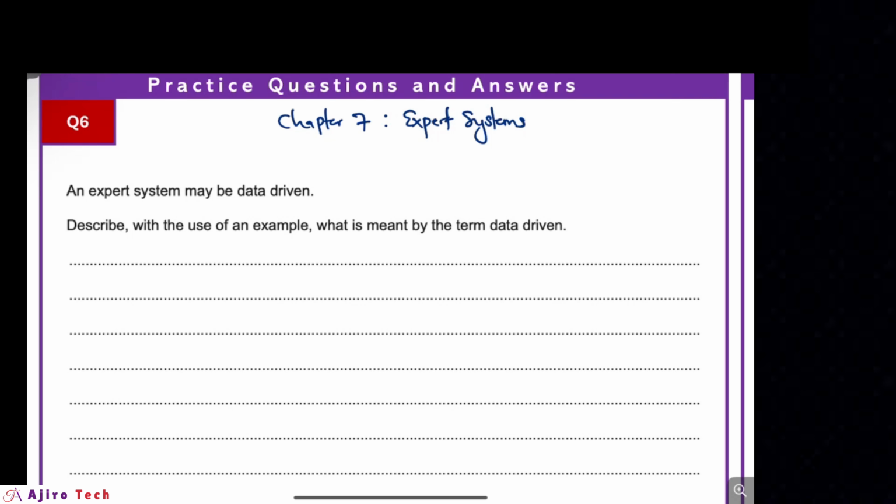Now, what is the inference engine going to do? It's going to examine the knowledge base. And mind you, the user interface can be designed and added to any knowledge base. So it examines the rules.